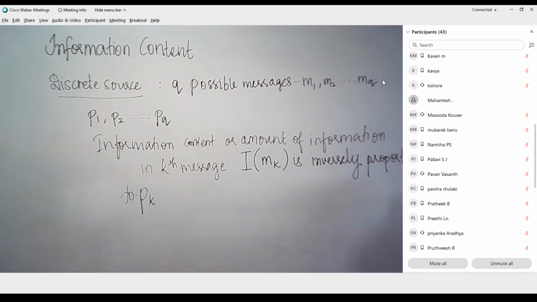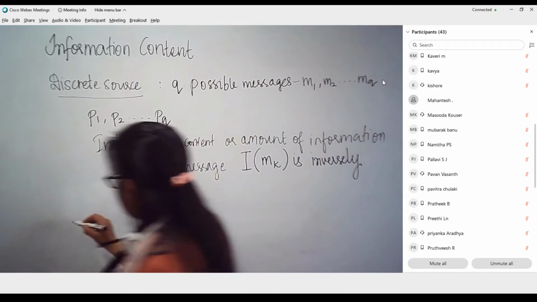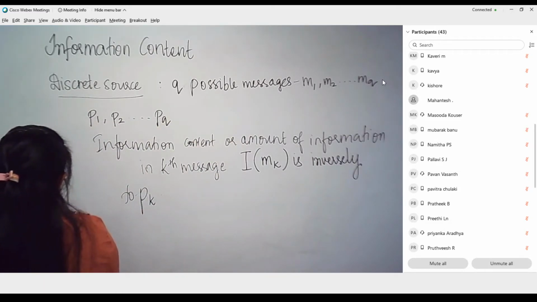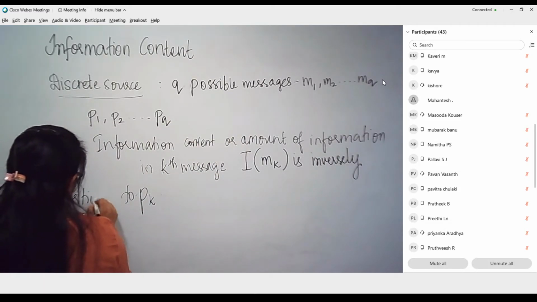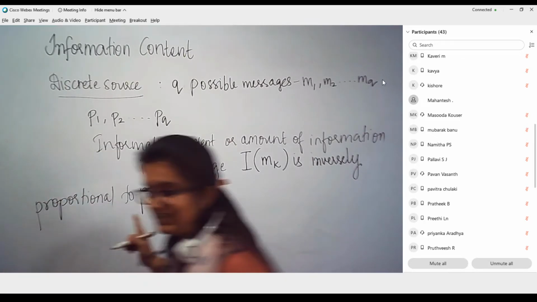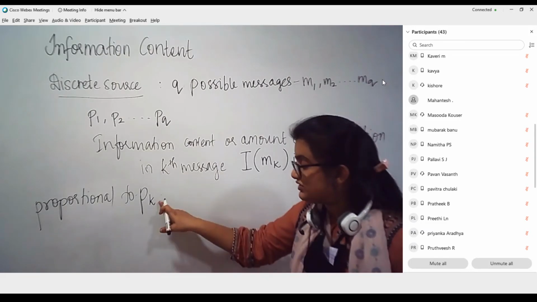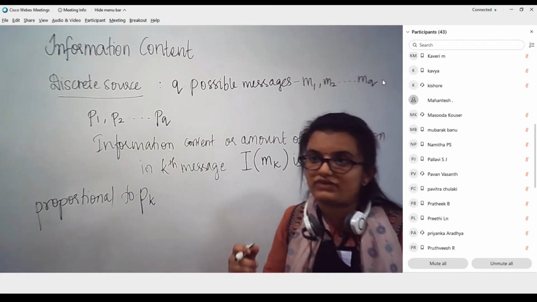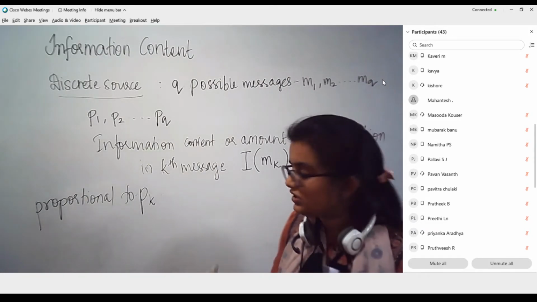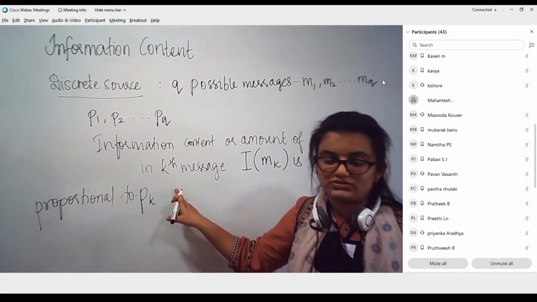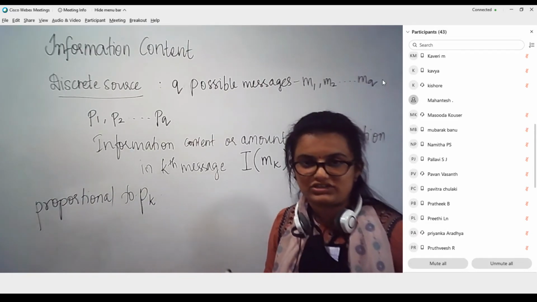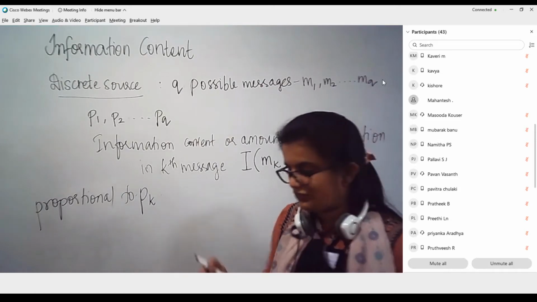That means the information content of a message signal is always inversely proportional to the probability of its occurrence. If it is a least probable message, then it will convey more information. If it is a most probable message, then it will have less information within it.